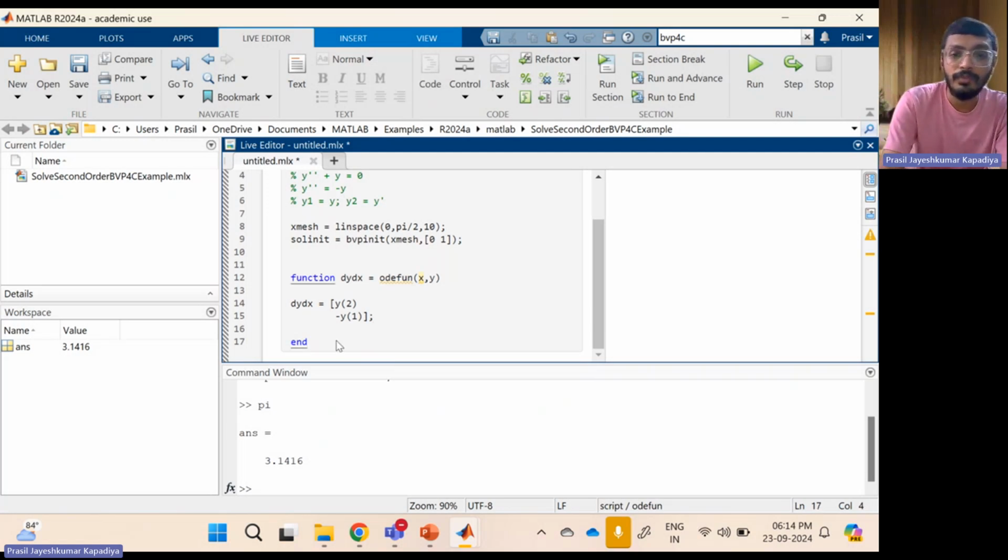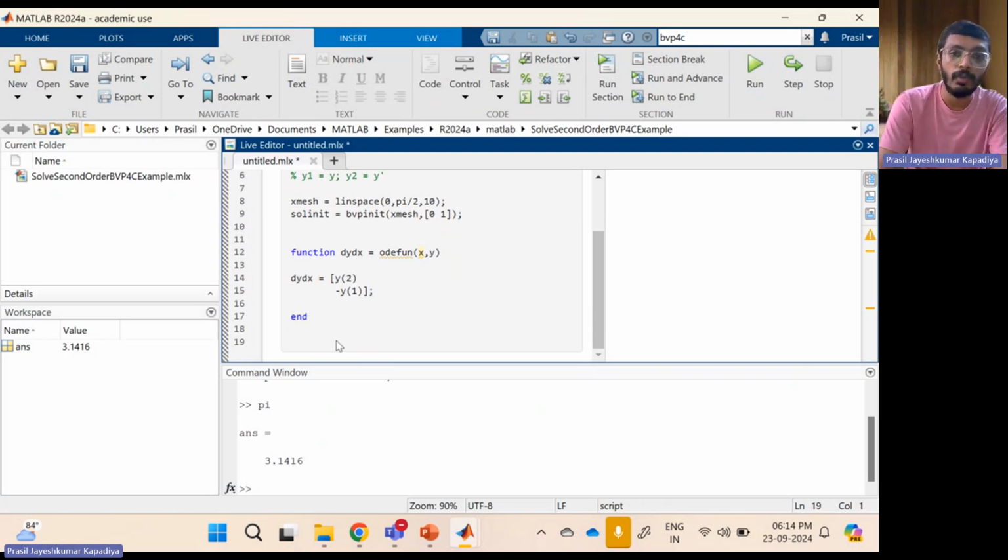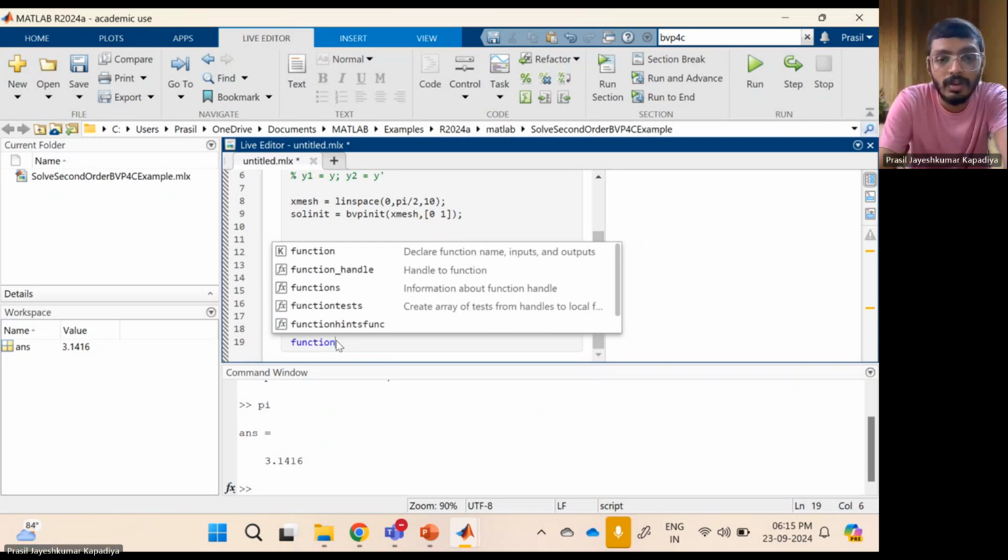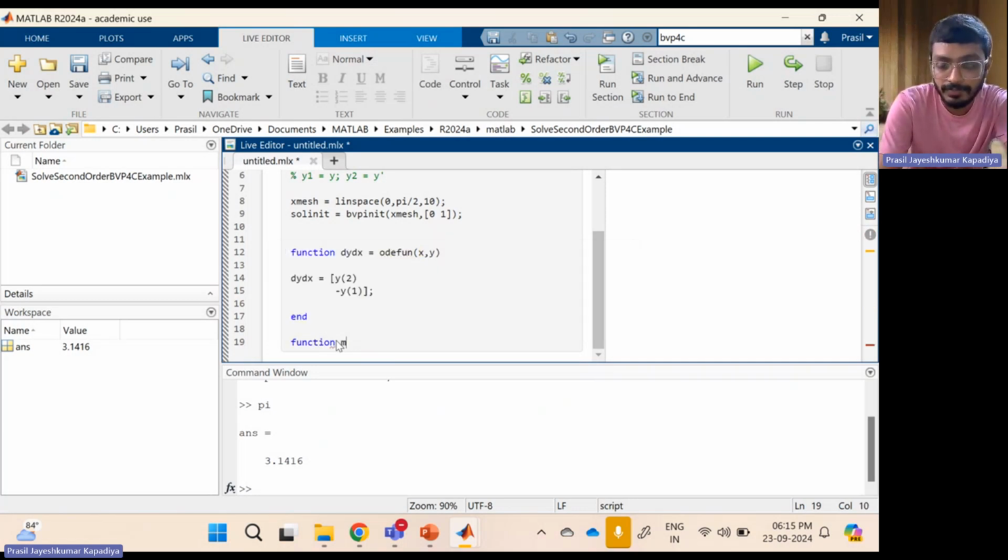Now we also need to write a function for our boundary condition. So function, let's say m is equal to boundary condition. What are they calling it? BCFUN, meaning boundary condition function, with ya and yb.